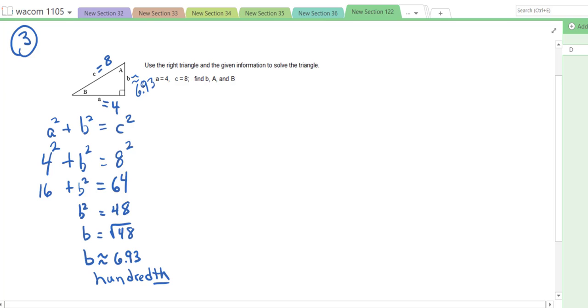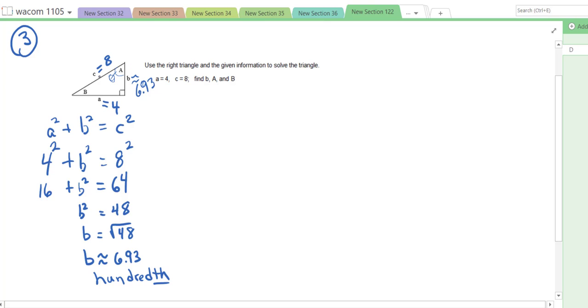Now, I'm going to have to use my SOHCAHTOA to get one of those angles, and let's go ahead and see about getting the smaller angle. So let's try for A, and if we're standing on A, we could use opposite over hypotenuse.